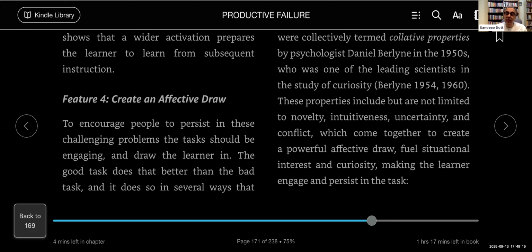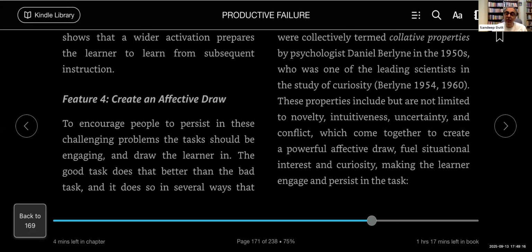A good task should feel as if you have never seen something like this before. It feels new, something unfamiliar, even unconventional, which piques interest.